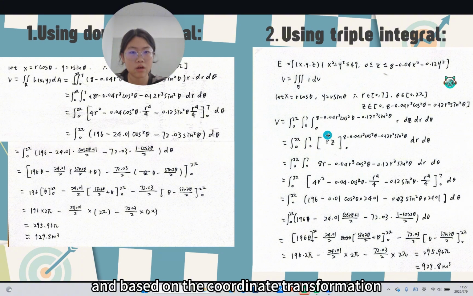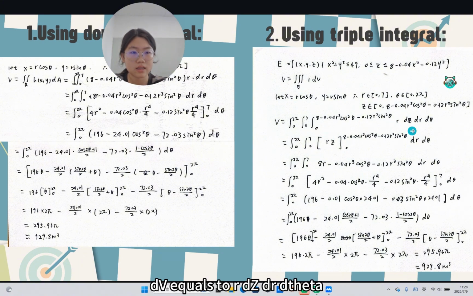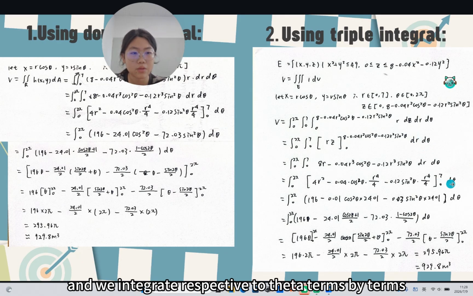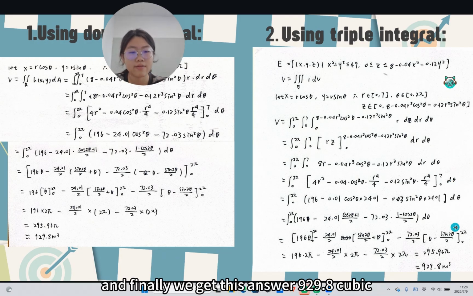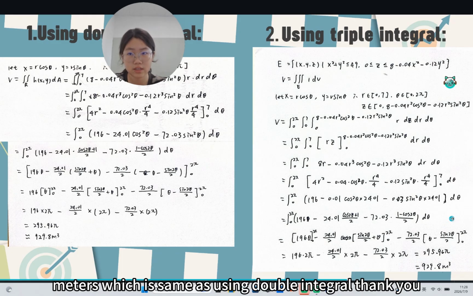And based on the coordinate transformation, dV equals r dz dr d theta. So first, based on this, we integrate with respect to z, then with respect to r, and then with respect to theta, term by term, and finally we get this answer, 929.8 cubic meters, which is the same as using double integral. Thank you.